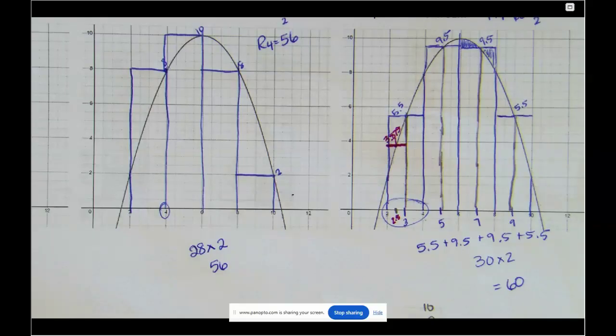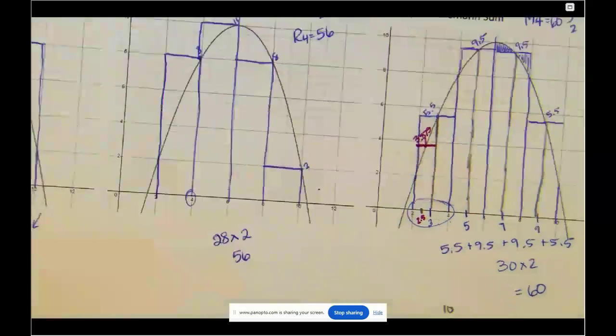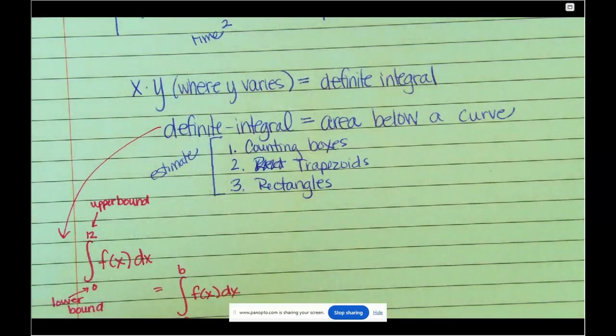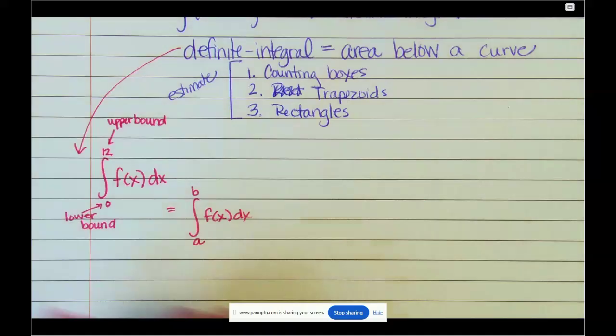Now, what I want to talk about today is how do you do rectangles with a table. How do you estimate rectangles with a table? Super easy, honestly easier than the trapezoid rule.